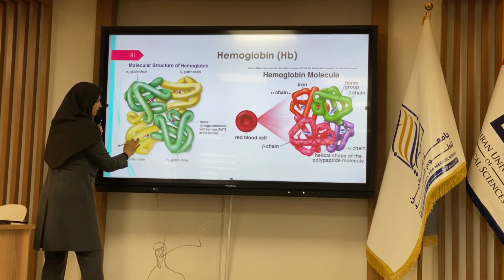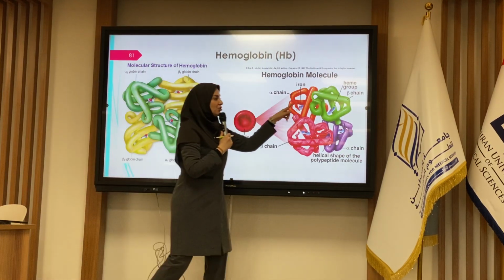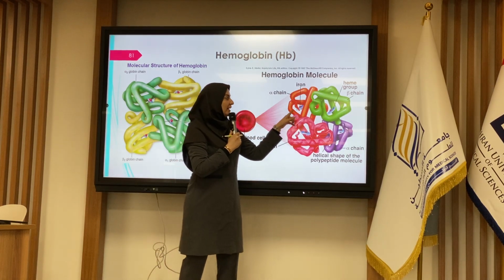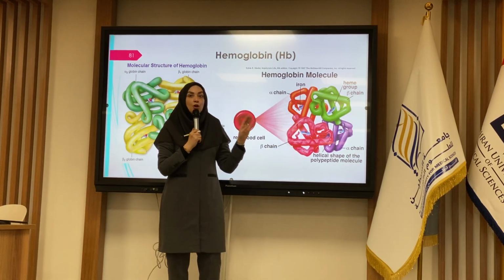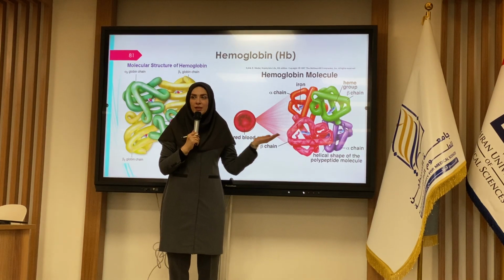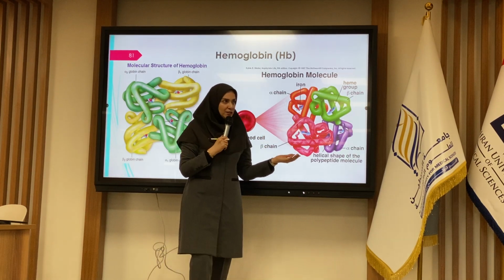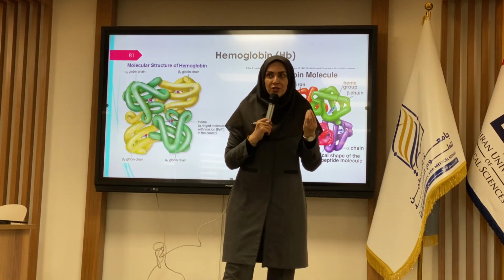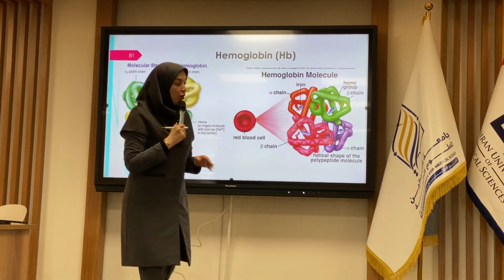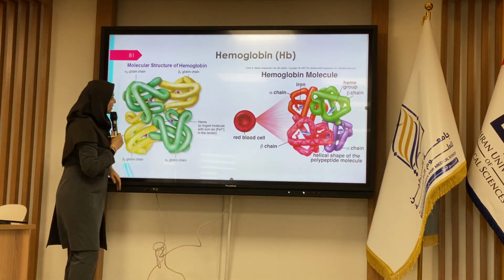What about hemoglobin? How many chains are present? 4. How many heme groups are present? 4. So how many oxygen molecules can bind? 4. Is it clear? Each hemoglobin molecule can transfer 4 oxygen molecules.